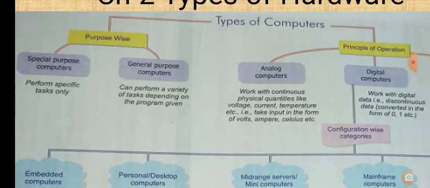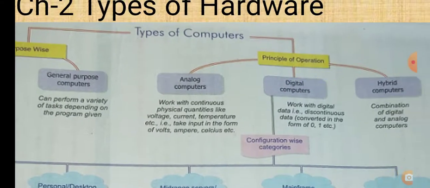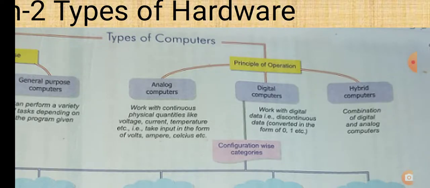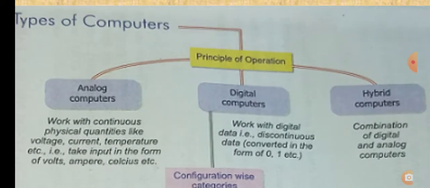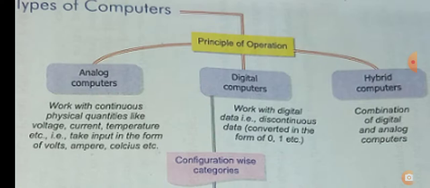Second, which is the main and important type of computer, is on the basis of operations. On the basis of principle of operation, we can divide computers into three basic categories: analog computers, digital computers, and hybrid computers. Analog computers work with continuous physical quantities like voltage, current, temperature, etc., that is, they take input in the form of volts, amperes, and Celsius.